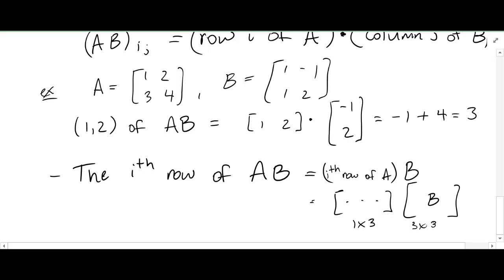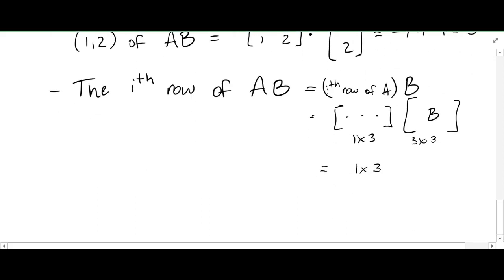And so your product would be a 1 by 3 row vector.